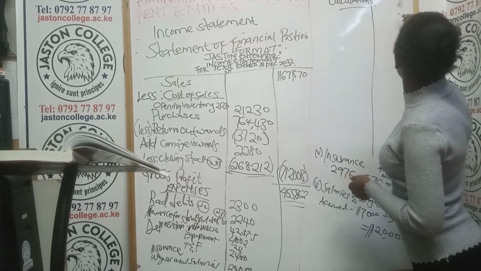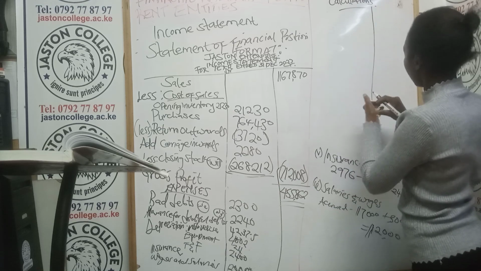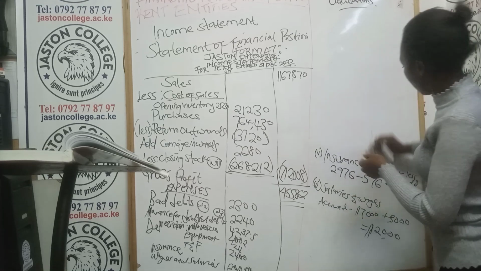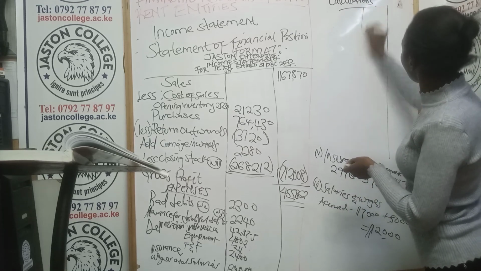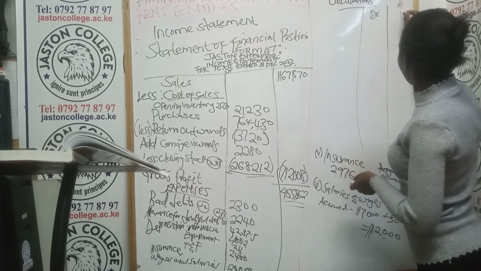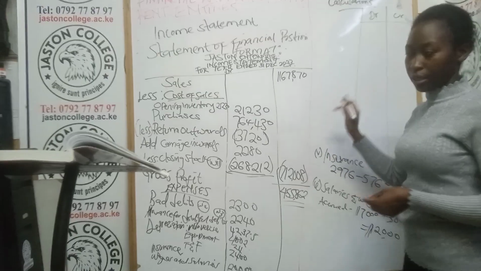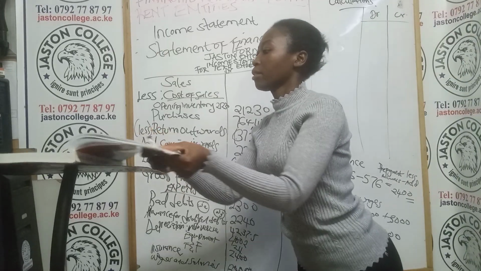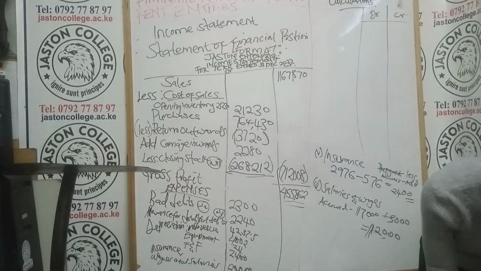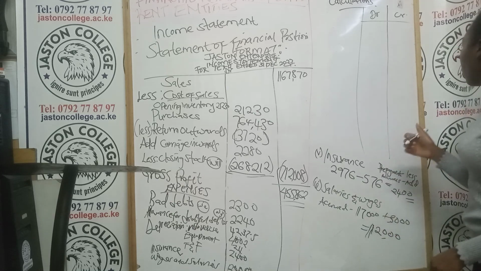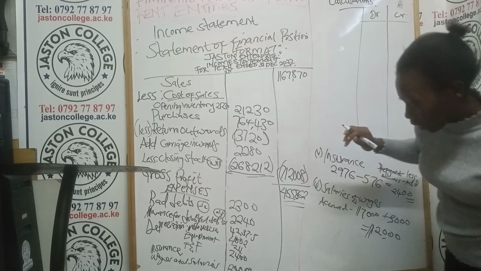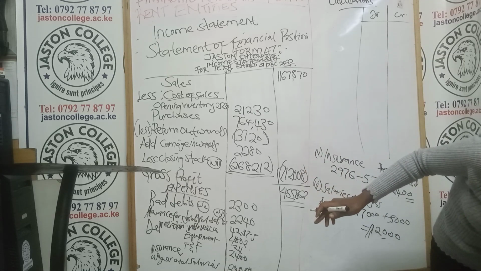We have the debit and the credit side. We are still on the expenses, and on our expenses we have salaries and wages.